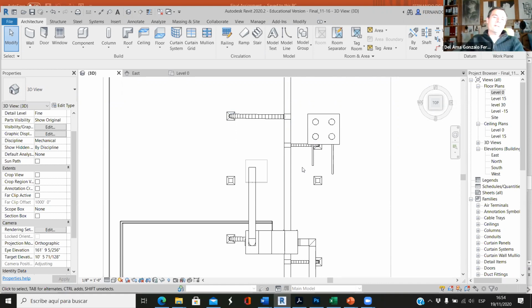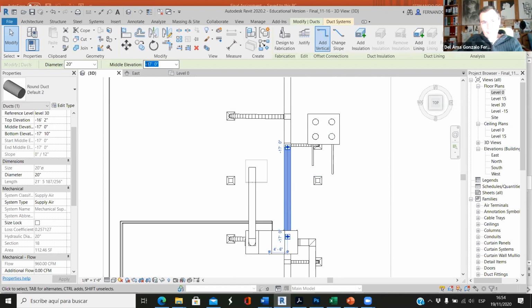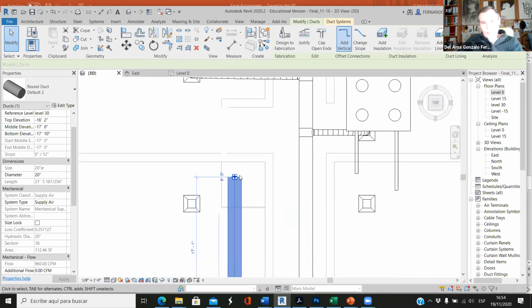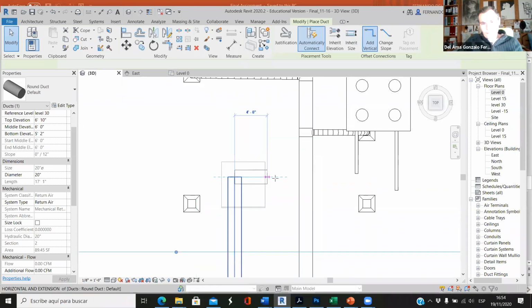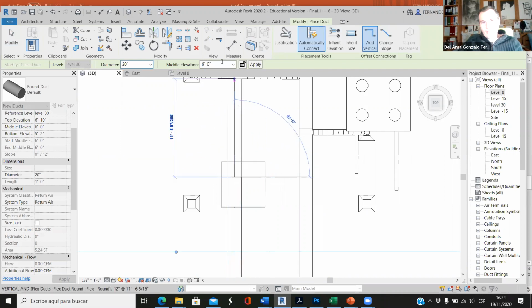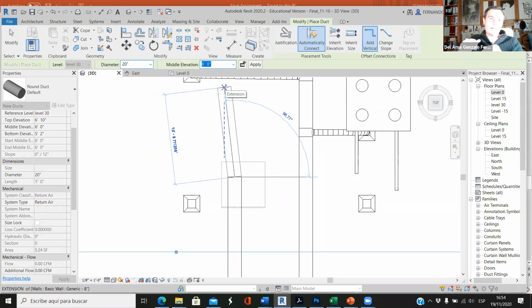Probably we need different levels for the supply and the return diffusers. So the elevation of this is -17. So I'm going to draw another duct in this direction, but now the elevation, I want it to be below the -17.